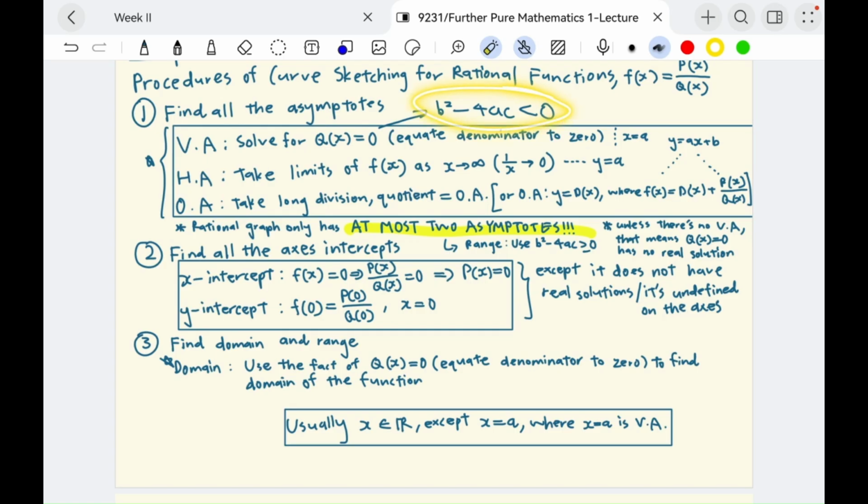In some of the external partial questions, this sometimes gets asked. So you have to know how to justify the condition of an RF not having a VA because of this matter.